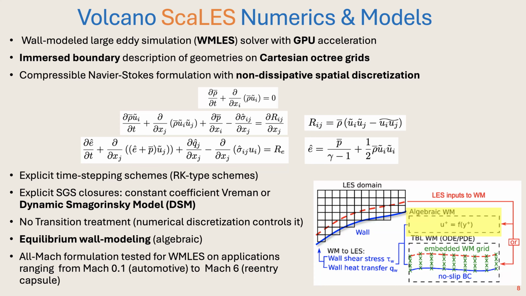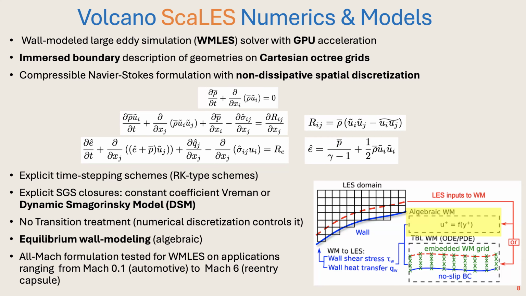It's available as constant coefficient Smagorinsky, but we prefer to go to the dynamic Smagorinsky model to remove the dependency on the fixed coefficient. And since the grid is isotropic, it's perfect for explicit time stepping. You really don't need implicit time stepping for robustness purposes.